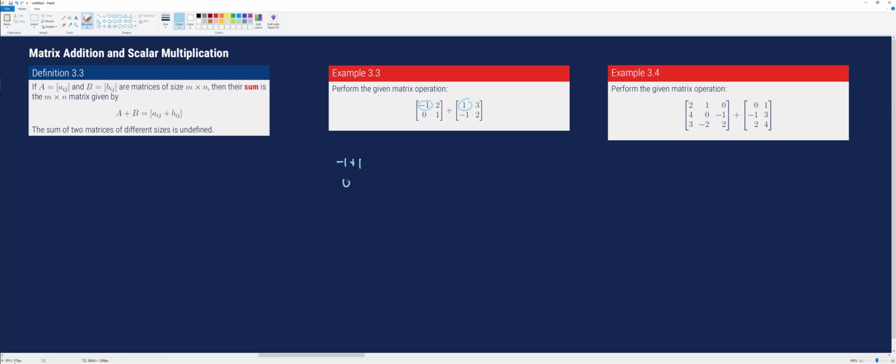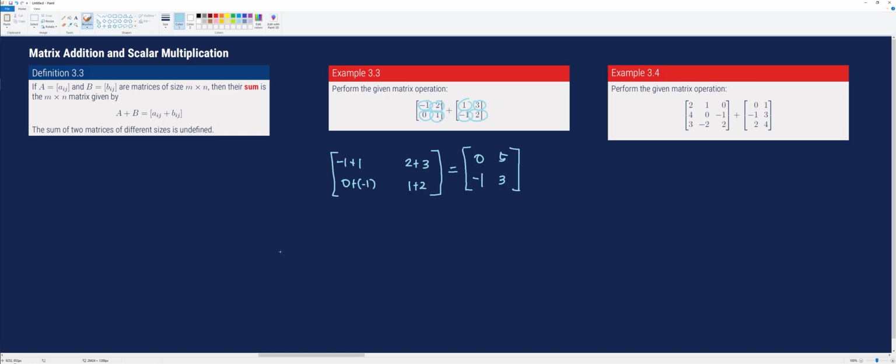Next, we have 0 plus negative 1 for this element, 2 plus 3 for this element, and 1 plus 2 for this element. We perform the operation and we have 0, negative 1, 5, and 3.